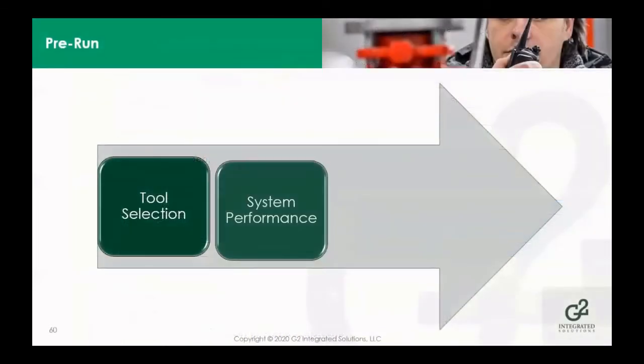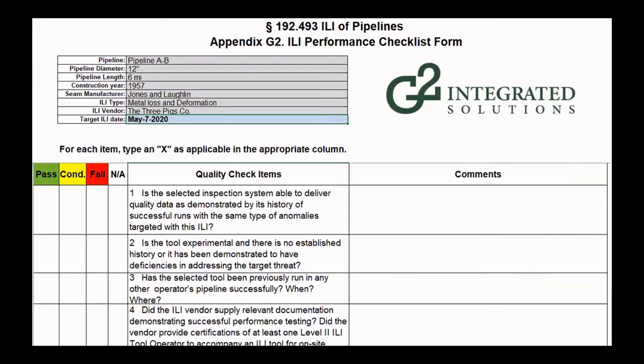Once that you have the right tool for the job, you have to verify the system performance specifications. And the system performance specification, in many cases, for instance, you will decide to run an untested technology. Let's say that you have a new vendor that offers a new technology.